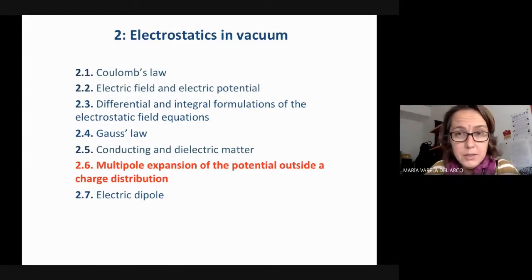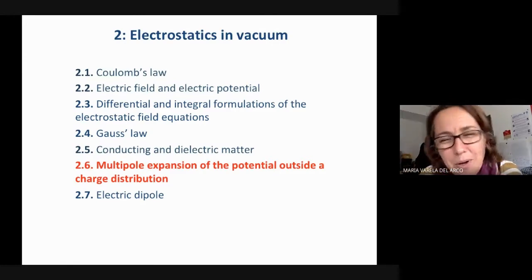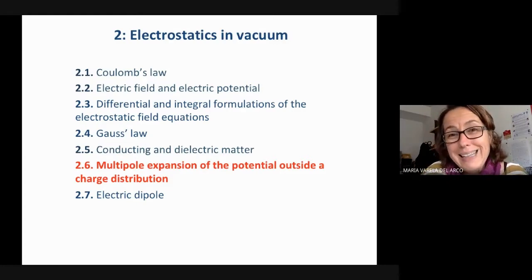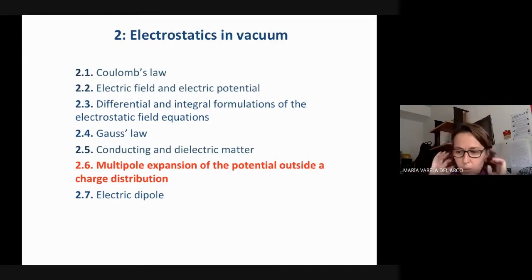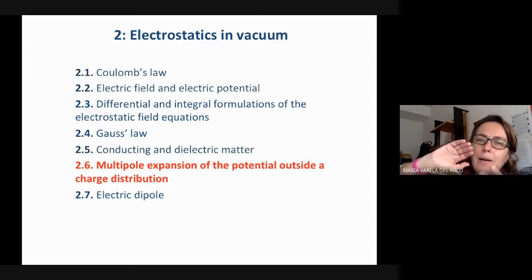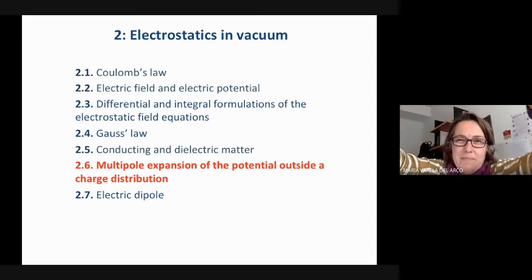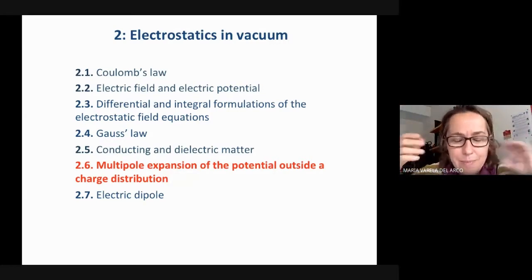But we humans, our characteristic length is more of the size of a meter or a couple of meters, basically 10 orders of magnitude larger than the size of an atom, where electrons or protons are. So this is just an idea for you to realize that very often we will be interested in calculating contributions to the electrostatic fields of distributions of charge that are very, very tiny, which is equivalent to being very far away, in the perception of the observer, which is typically me in my laboratory.